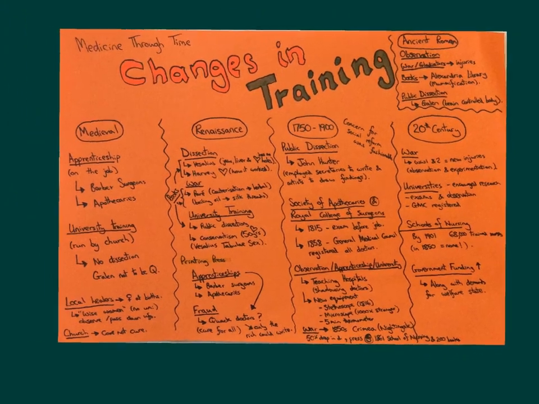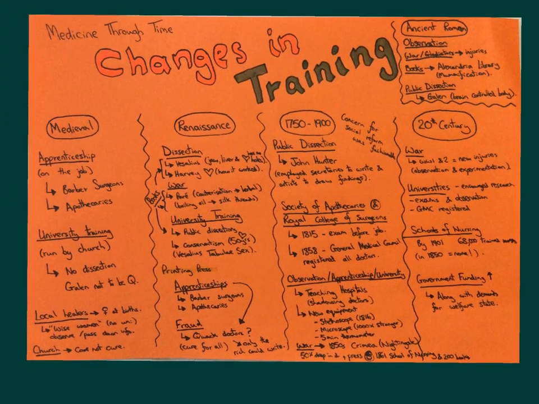So we see many similarities and differences over time. I'd say key similarities would probably be observation is a major part of training through all of these periods, even the medieval period where the church is trying to force everyone to believe Galen. They still do some public dissections, even if it's supposed to be an observation to prove Galen, there is still observation there.